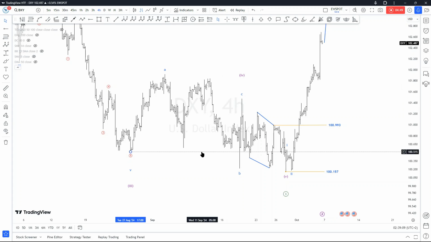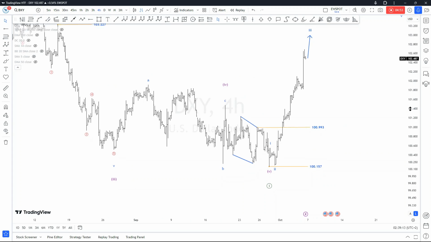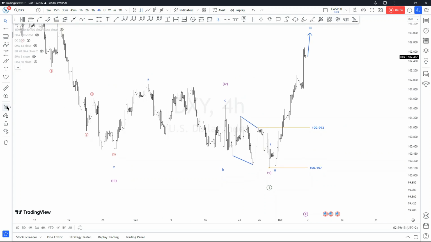So now taking you back to what I just said about an ending diagonal, it's more of a must-have for our wave 4 to be smaller than our wave 2. Let's measure what our wave 2 is right there, and then project that measurement from the low of our wave 1, where wave 1 ended, towards where our wave 2 ended.